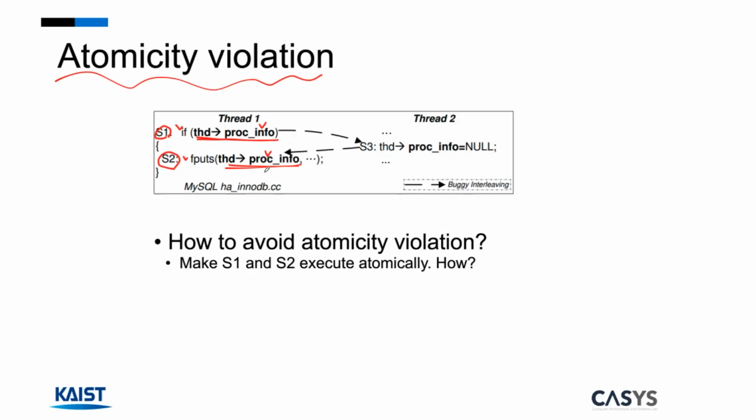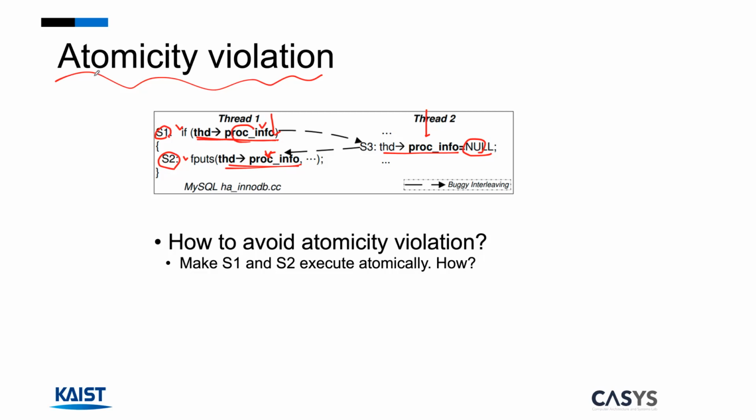But in some thread interleavings, another thread executes in between, frees proc_info and sets it to null, and then it is accessed again. So the value statement S1 reads and the value statement S2 reads are different, so atomicity is violated.